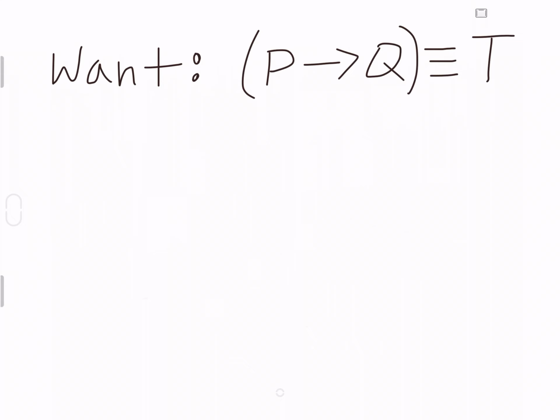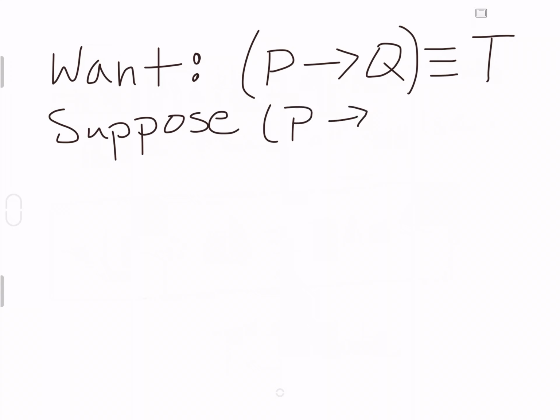All right, so we want P implies Q to be true. So what we do is we say, well, what would happen if P implies Q was false? So we suppose P implies Q has the truth value false.